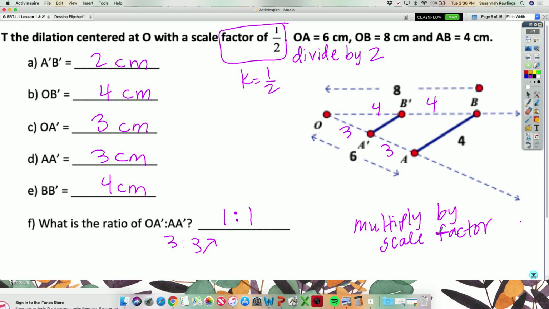So you'll see that once we start working with triangles, you take every side and you triple them. We're multiplying by 3. Or if it's a scale factor of 1/3, we would divide it by 3. So you're just doing that same pattern to everything. So it's not difficult. I know that the way this format is, it looks kind of tricky, but the whole concept of dilation is just to use that same scale factor over and over and over again.